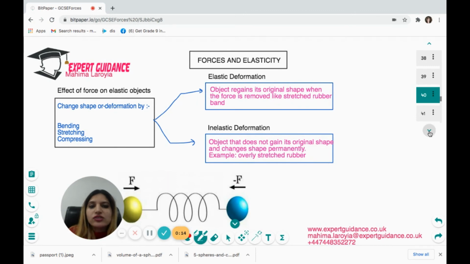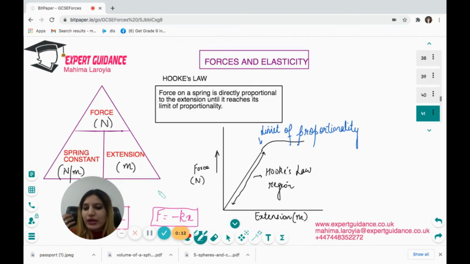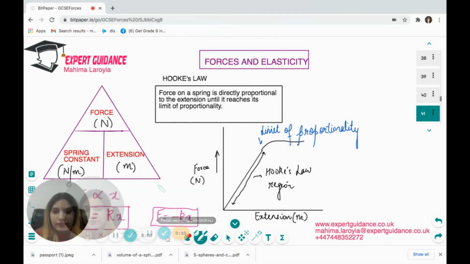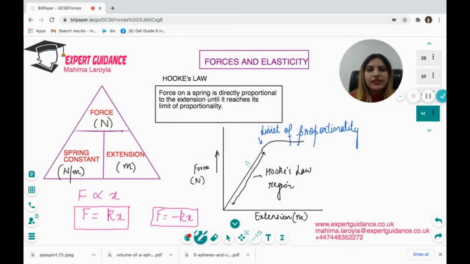Now let us see what is the relationship between force and elasticity. There was a scientist called Hooke, and he gave Hooke's law. He said that when you apply force to a spring or any elastic object, as you keep on increasing the force, it will keep on extending.